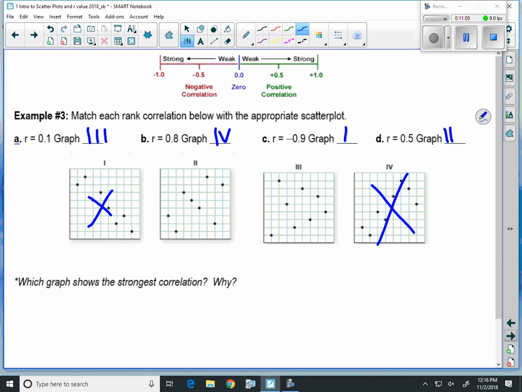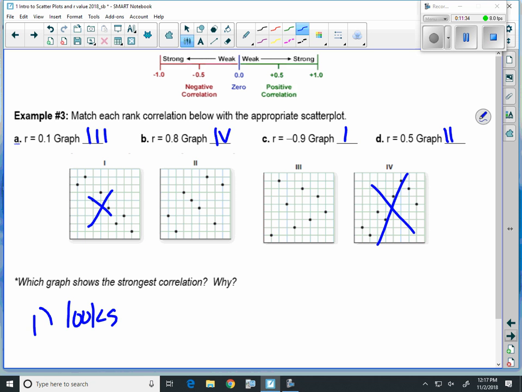So what tells you that it's the strongest correlation? Number 1, why? Okay, so she said it's negative 0.9. 0.9 is close to 1. Visually, what tells you that it's strong? Yes, it's the one that looks closest to a straight line.